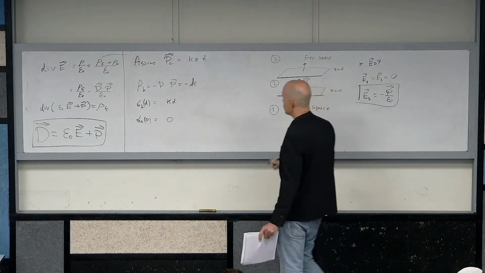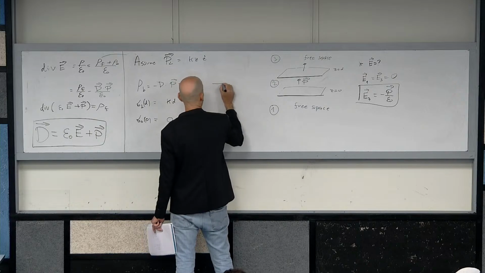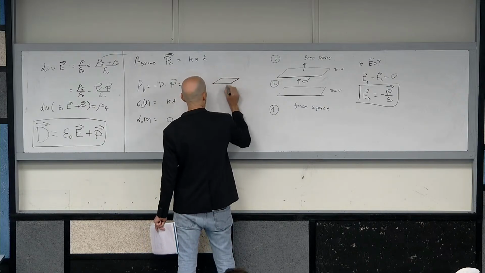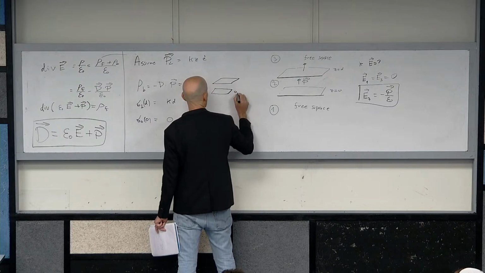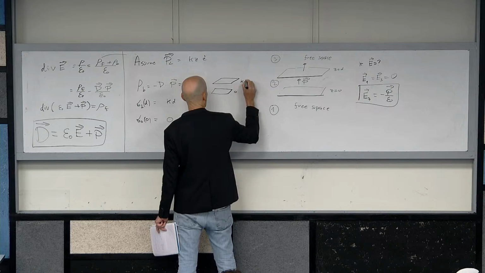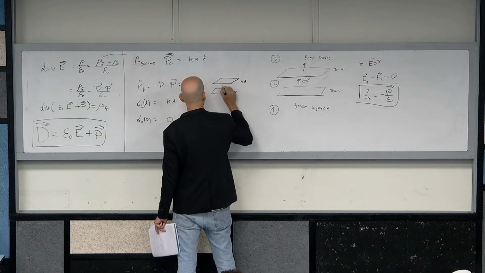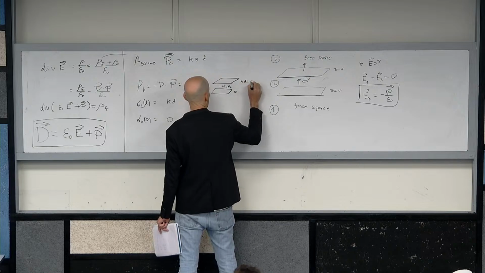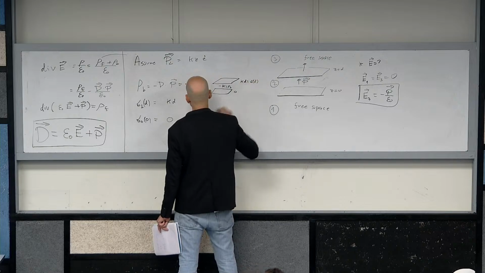So the effective charges that we have here are 0 on the surface, kd, and minus k. This is rho b. This is sigma d.